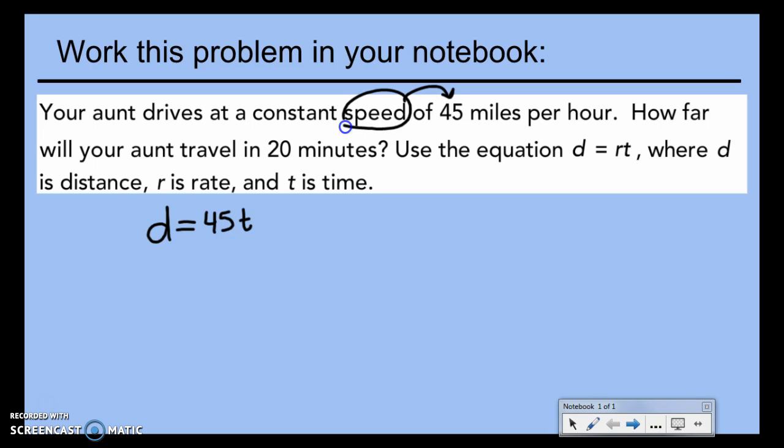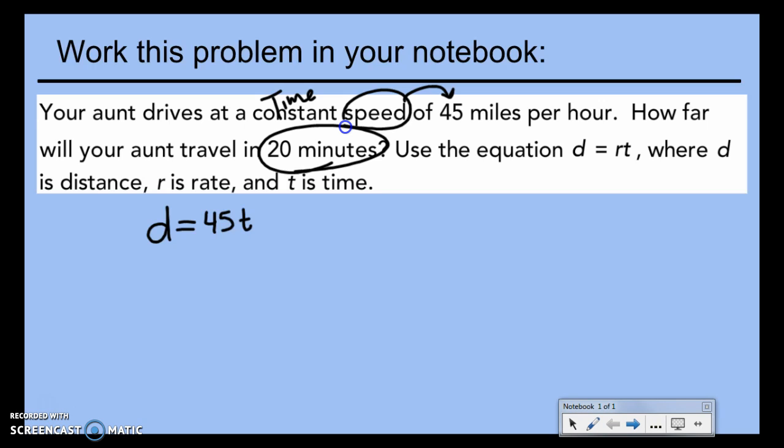Let's keep going. How far will your aunt travel in 20 minutes? Stop. 20 minutes is time. But since we're talking about miles per hour, we need to turn our 20 minutes into a number that's relative to hours.